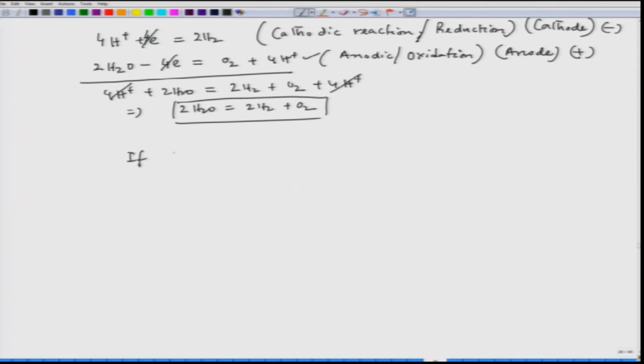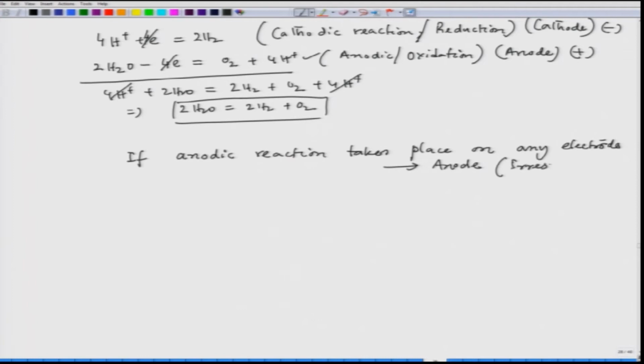So, remember, if anodic reaction takes place on any electrode, it would always be anode, irrespective of positive or negative sign of the terminal.